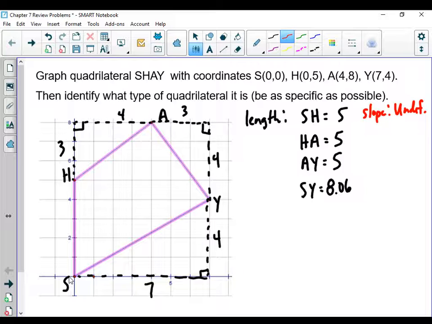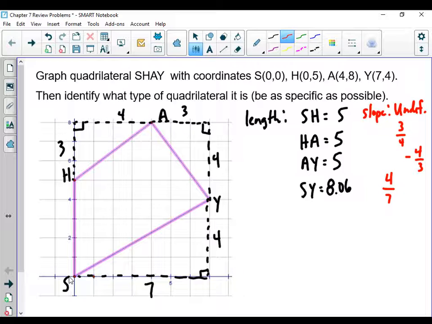For HA, we went up 3 and over 4, so it had a slope of 3/4. For AY, we went down 4 to the right 3, so that's a negative 4/3. And finally, for SY, we went up 4 and over 7, so I got 4/7.